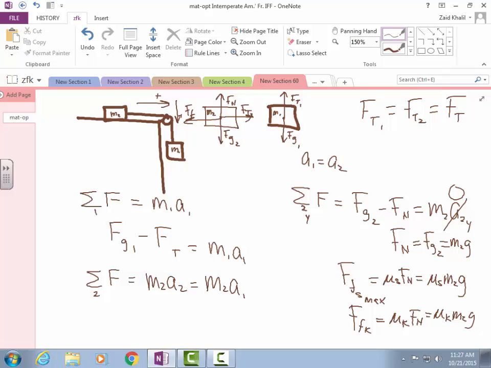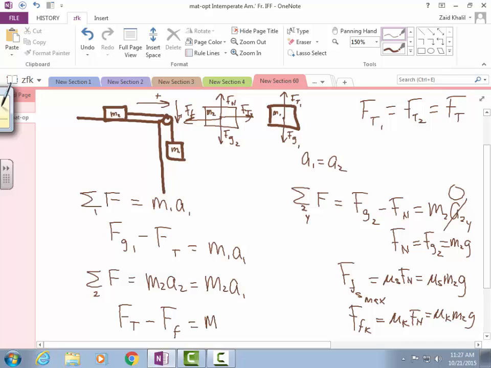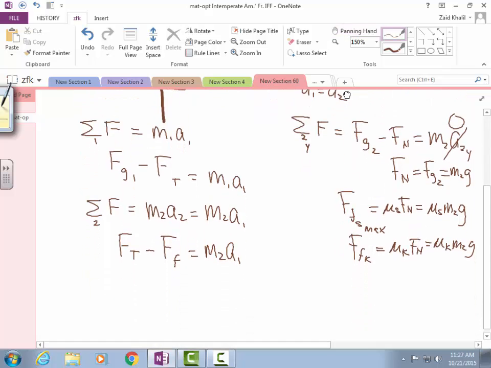Wait, what are the forces on this body in the x direction? It's Ft minus Ff. All right, so here you have your two equations. Yes? Wait, we're not dealing with the case. We'll just leave it general for right now. Okay? So we just want to leave it general.